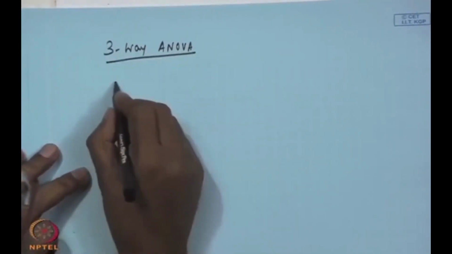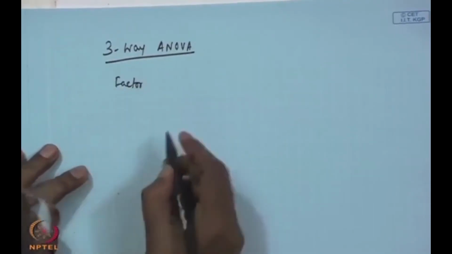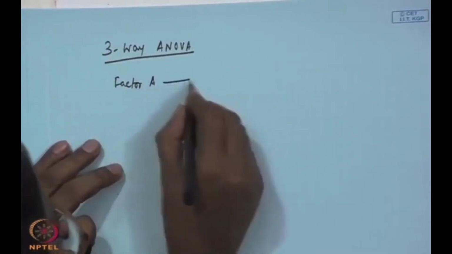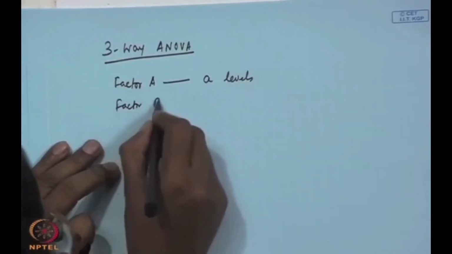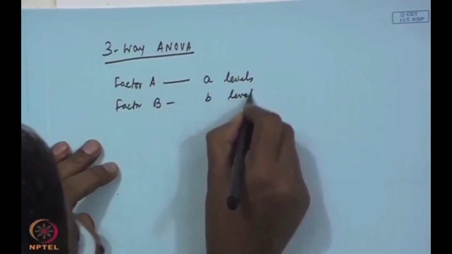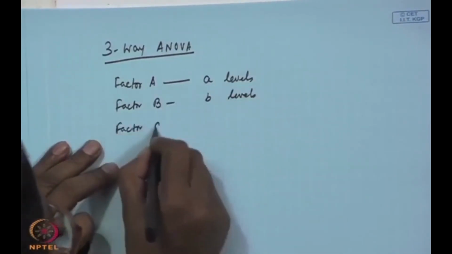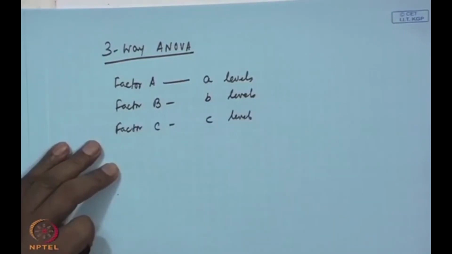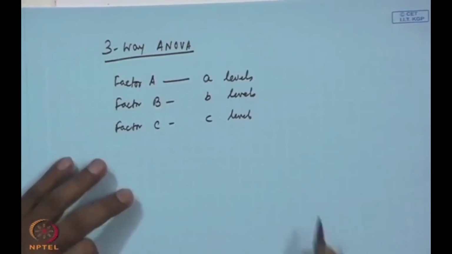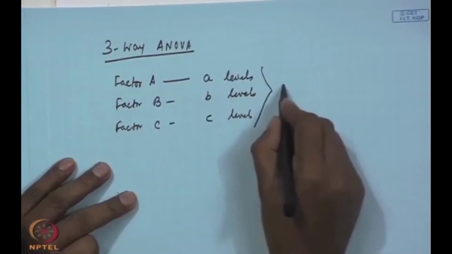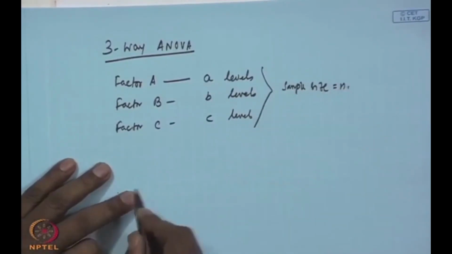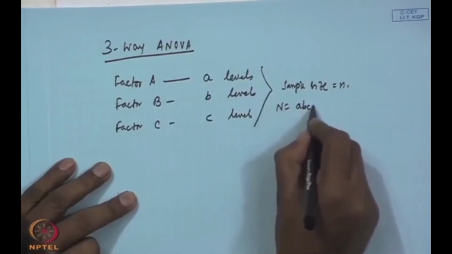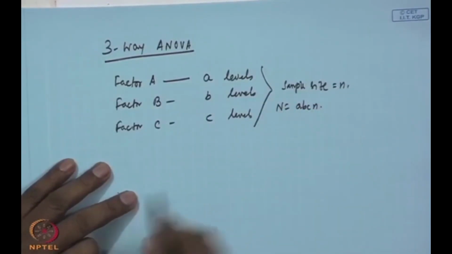That means, if I write in terms of ABC, factor A with a labels, factor B with b labels, factor C with c labels. So, if I collect equal sample size, suppose sample size is n, your total observations will be a b c n.